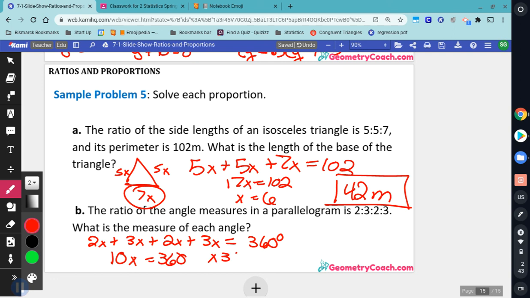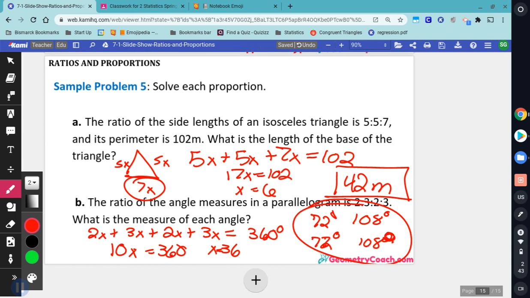So x is 36. What is the measure of each angle? So we got 36 times 2, 72 degrees, and 36 times 3, 108 degrees. So the 4 angles are 72 and 108.